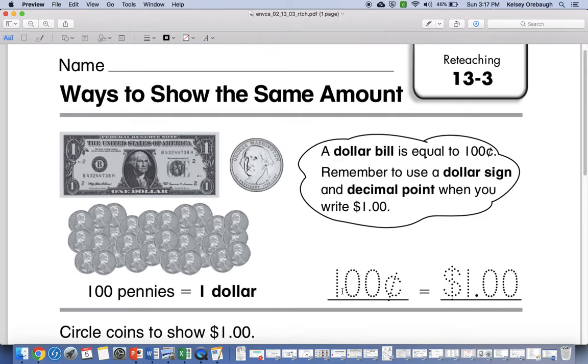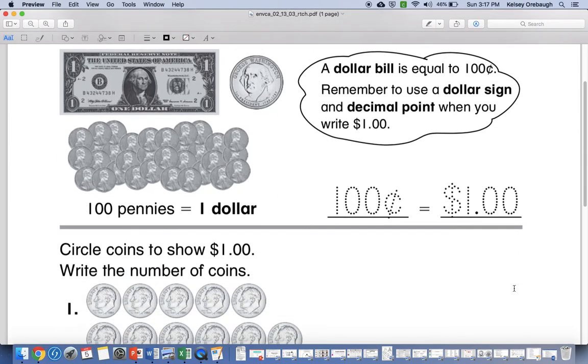So here they're showing 100 cents is the same as $1. They are just written differently. First, we have the cent symbol to show 100 cents, and next we have the dollar symbol to show $1. They're both the same amount, just written differently.